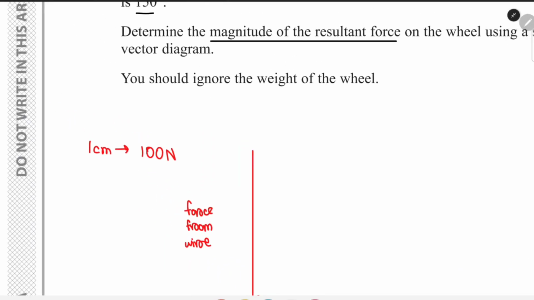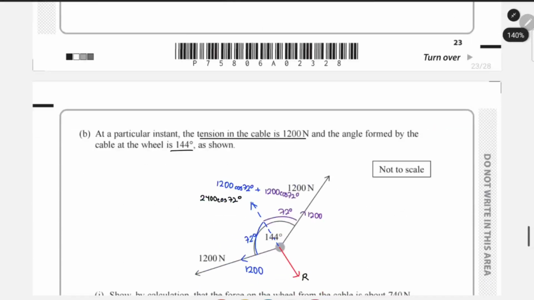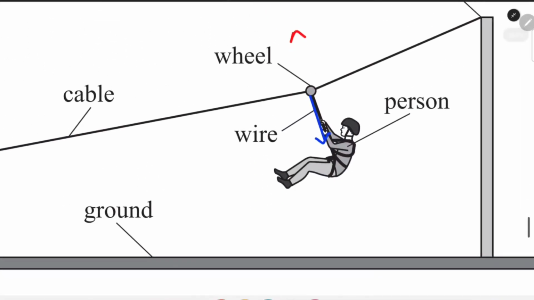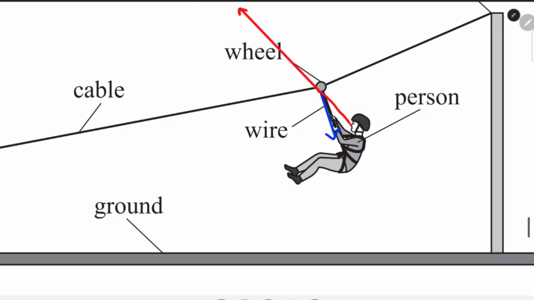And we are given that it's 150 degrees. So basically the angle between the force from the wearer and this over here is 150 degrees. But we are drawing a vector diagram, so we'll actually bring it down over here.